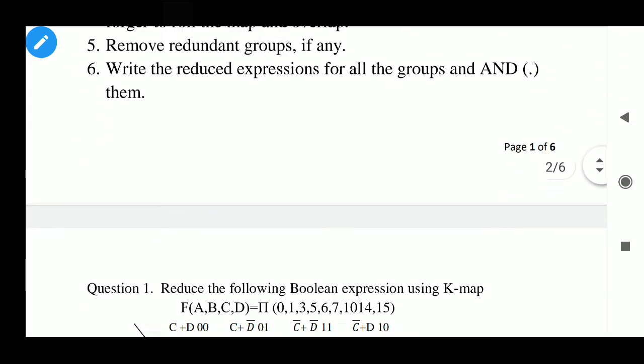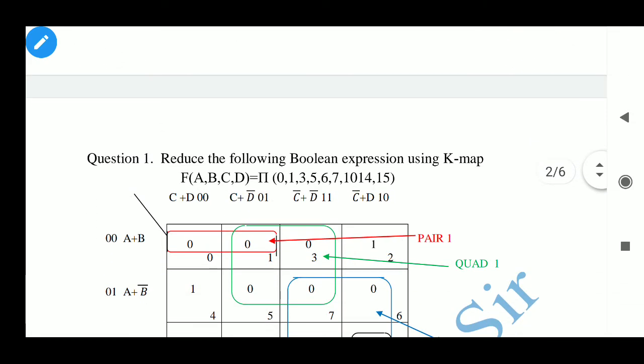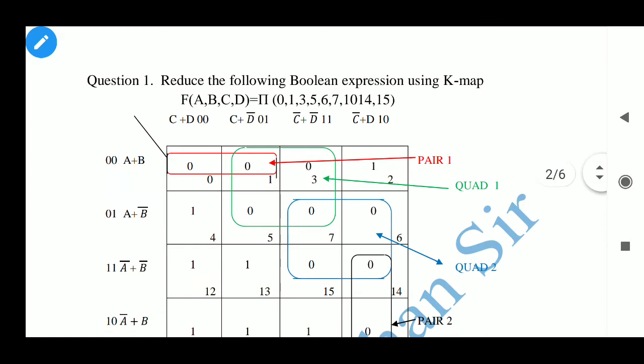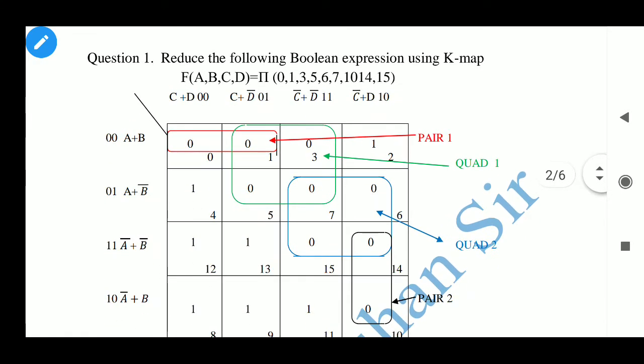Okay, so now you can see here, reduce the following expression using K-map. This is question number 1 for this video chapter.